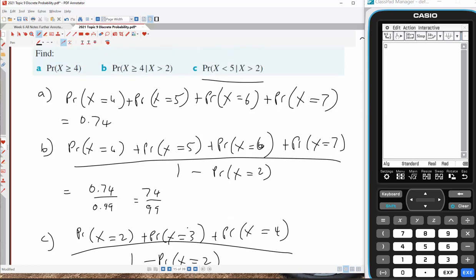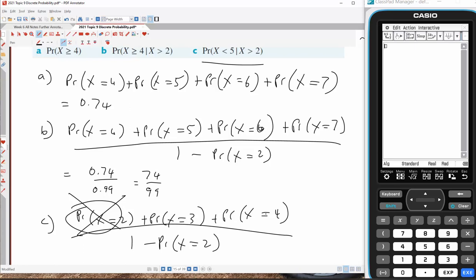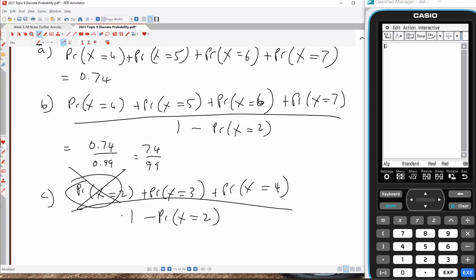But we know that it's more than 2. So this one here is actually not worth including here, because the probability that the random variable is less than 5, given that we know that the random variable is greater than 2, means that it's only going to be 3 or 4, because we know that this can't happen.